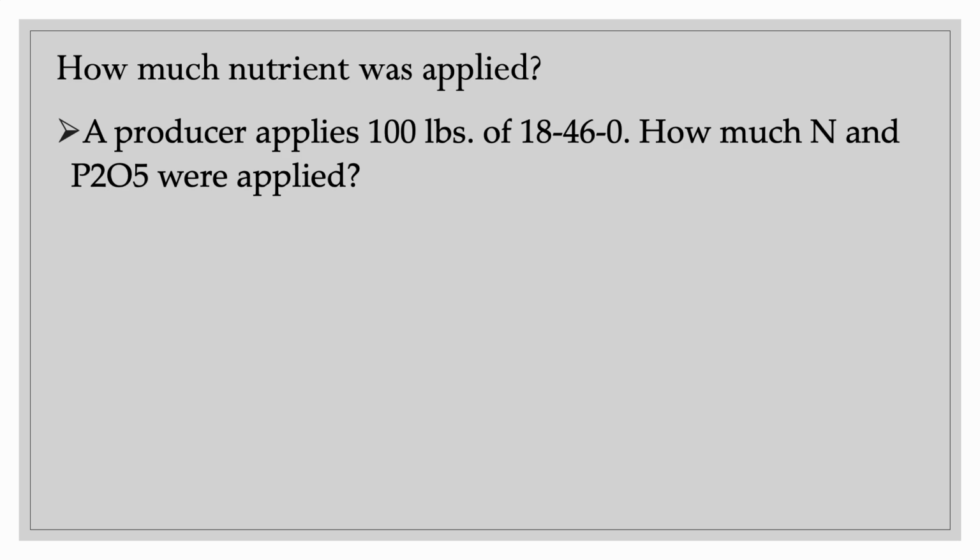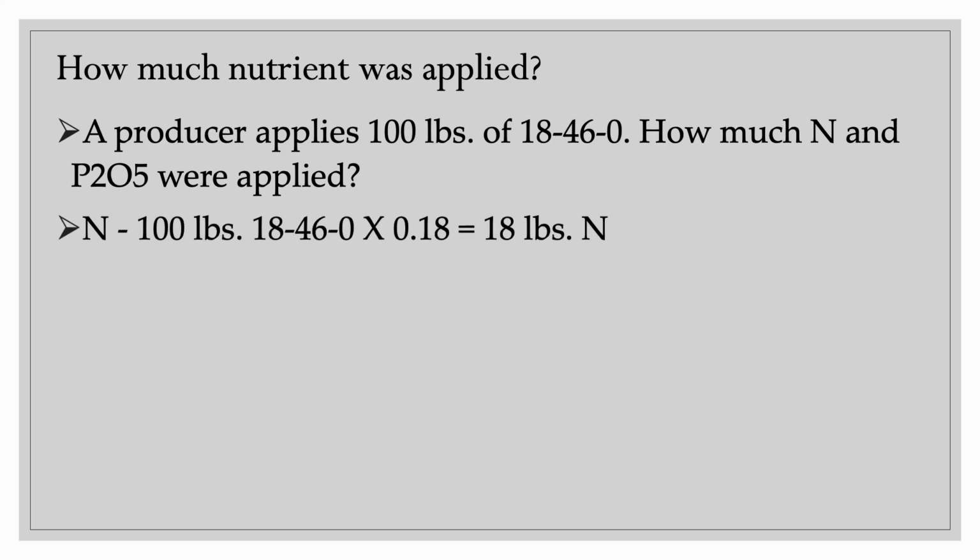So if you applied 100 pounds of fertilizer, let's just say you had 2 bags of DAP and you put it in the spreader and applied it over an acre or whatever area, it doesn't matter. In this particular instance, we're just applying 100 pounds of material. So now we're going to do the opposite.